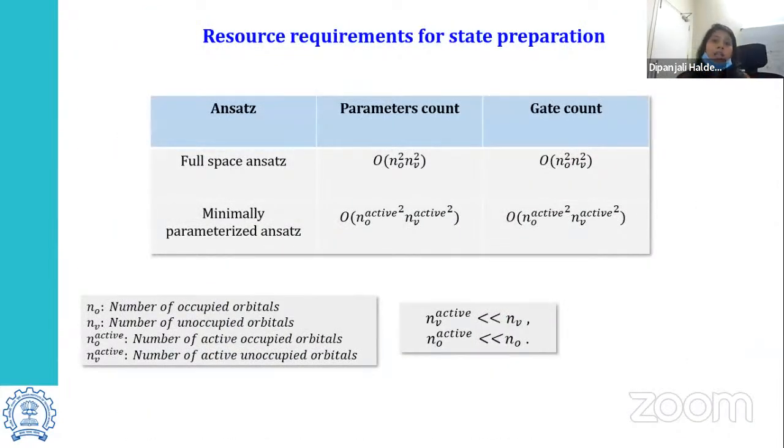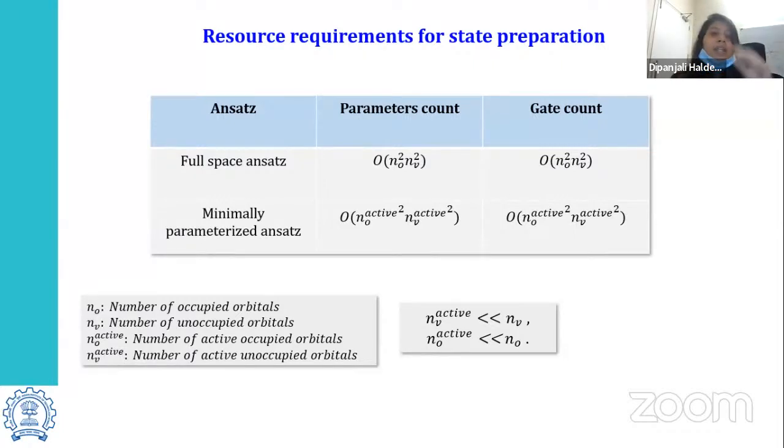So here is the summary of the resource requirements for the state preparation. Now, as we can see, the minimally parameterized ansatz scales sublinearly in terms of both parameter count and gate count in comparison to the full space ansatz. And also it leads us to the correct target state.